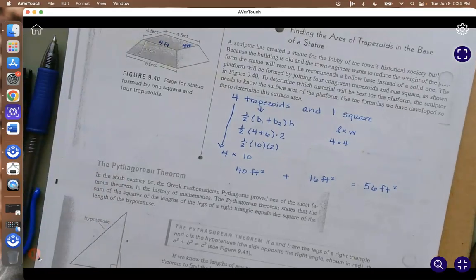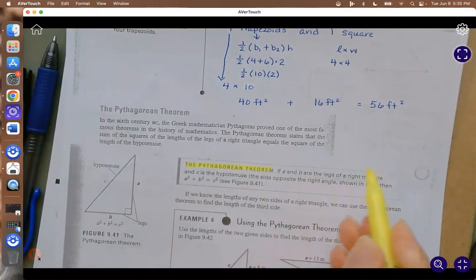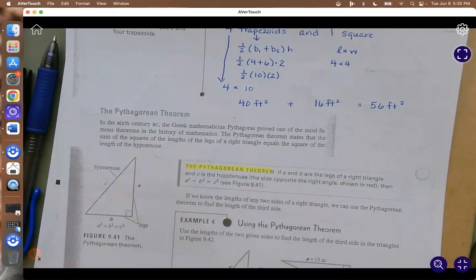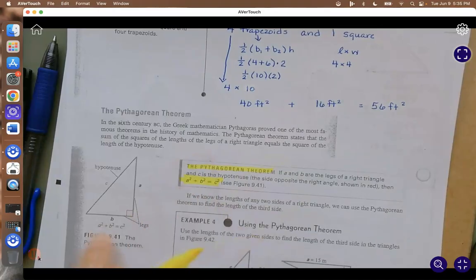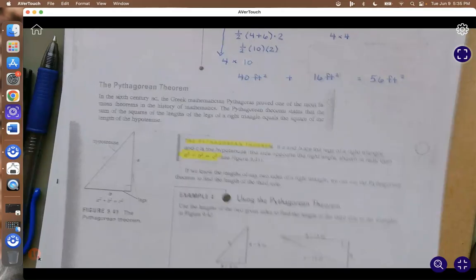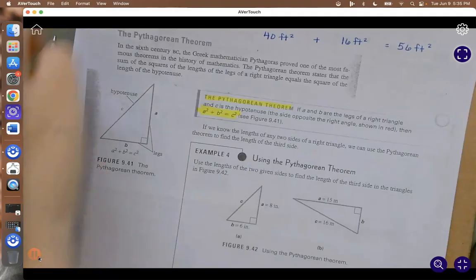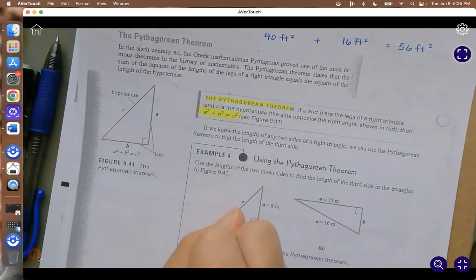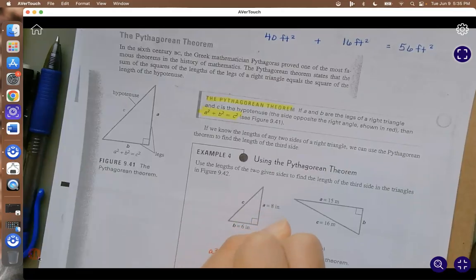Reviewing Pythagorean theorem. Remember the Pythagorean theorem measures right triangles. A and B are the legs. C is the hypotenuse. Okay, so you do a squared plus b squared equals c squared, and A and B really can interchange as to what's A and what's B. It really doesn't matter. Okay, so let's do Pythagorean theorem right here. So the first one, remember our formula is a squared plus b squared equals c squared.